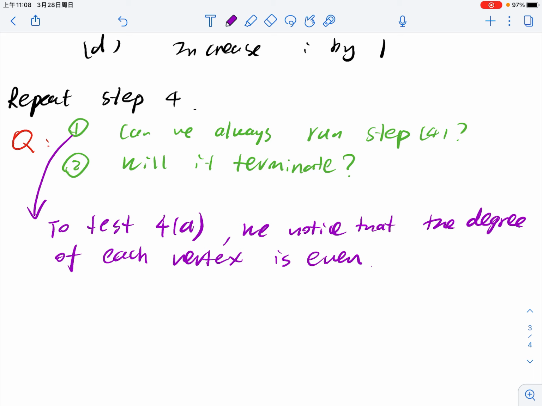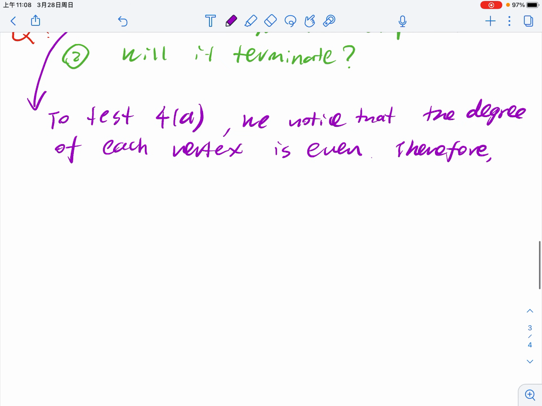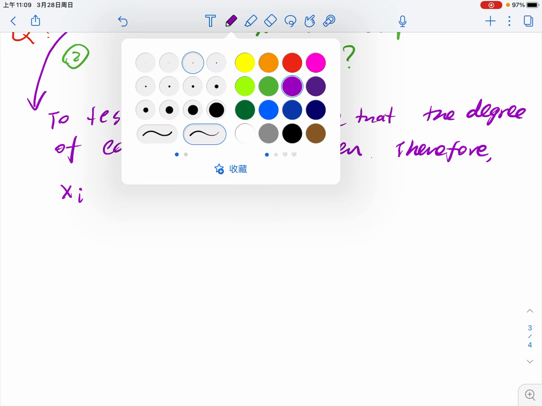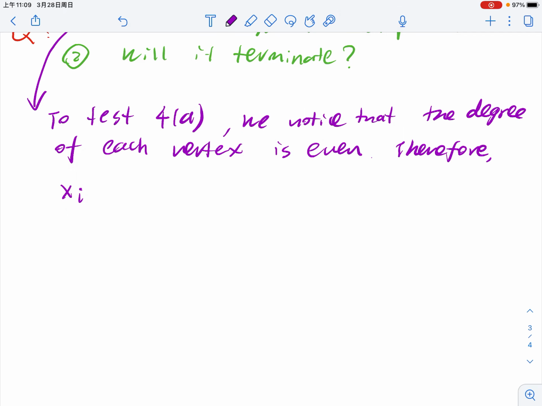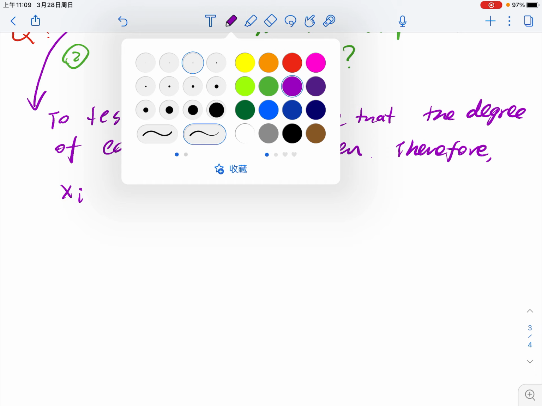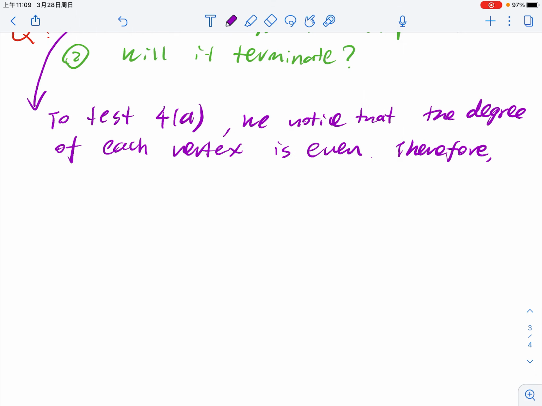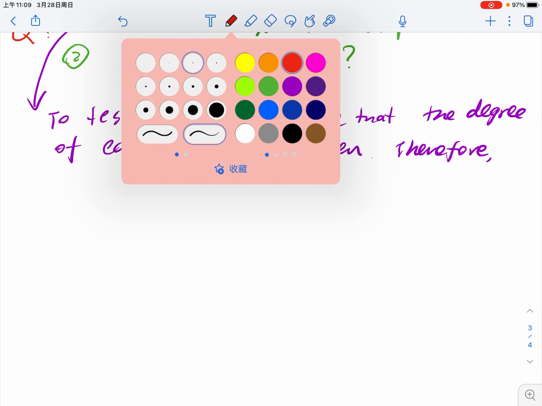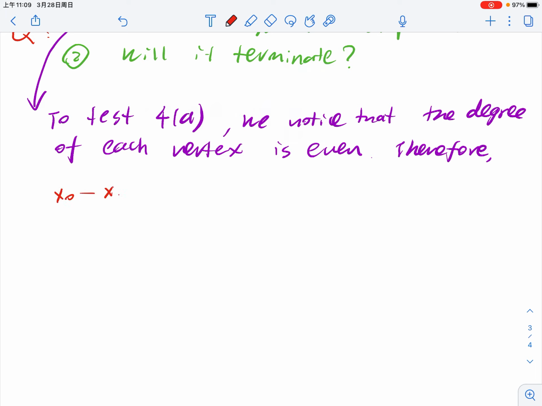Okay, therefore, let's use some notation: x0, x1, x2, xi.